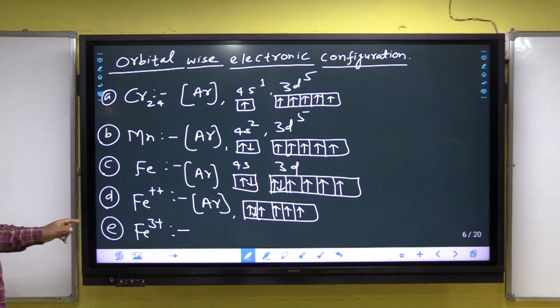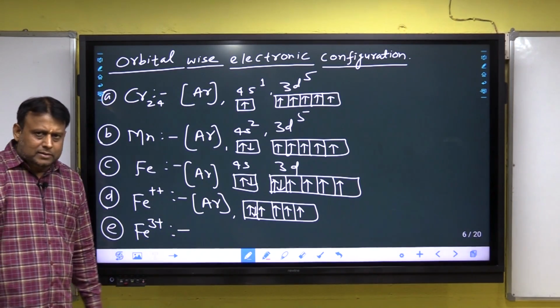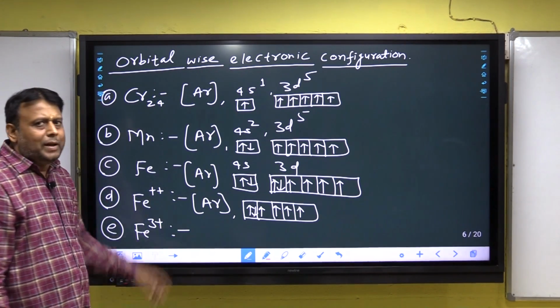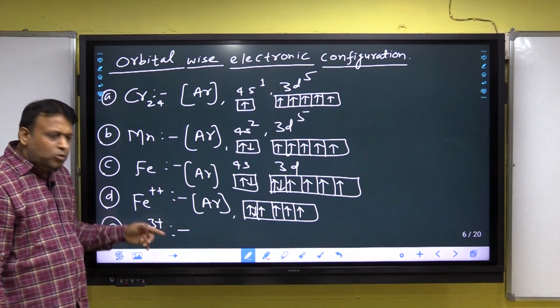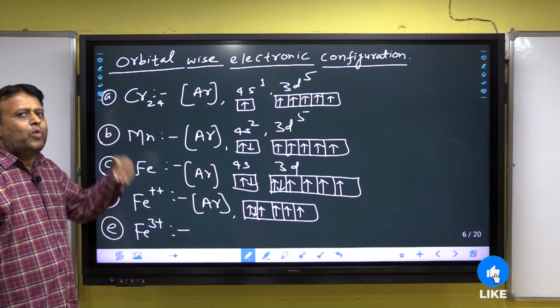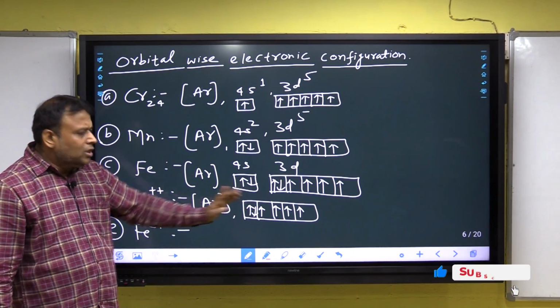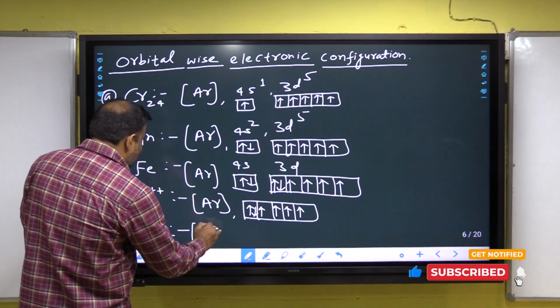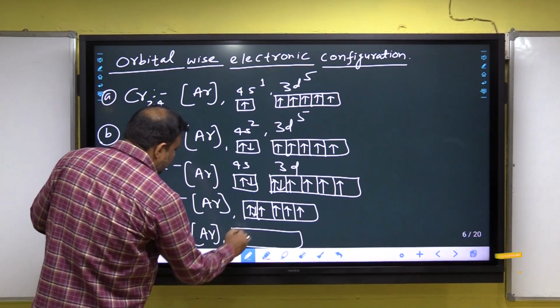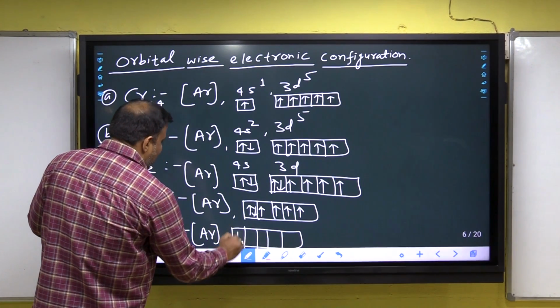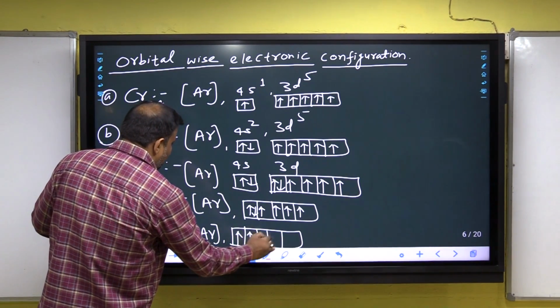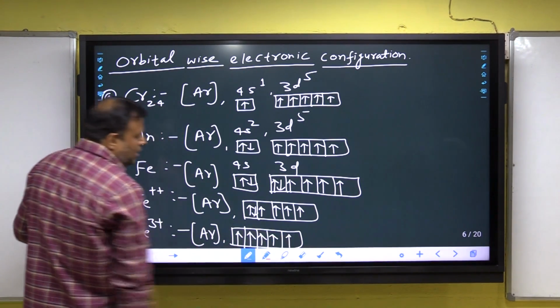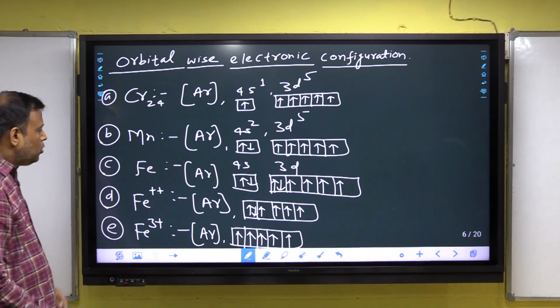Now, iron 3 plus means iron 2 plus loses 1 more electron. That 1 more is removed from 3d, and hence now argon and 3d 5, 1, 1, 1, 1, and 1. Clear? Look at the board.